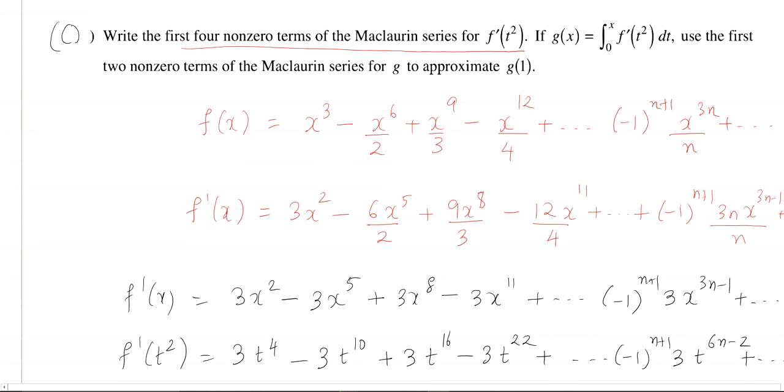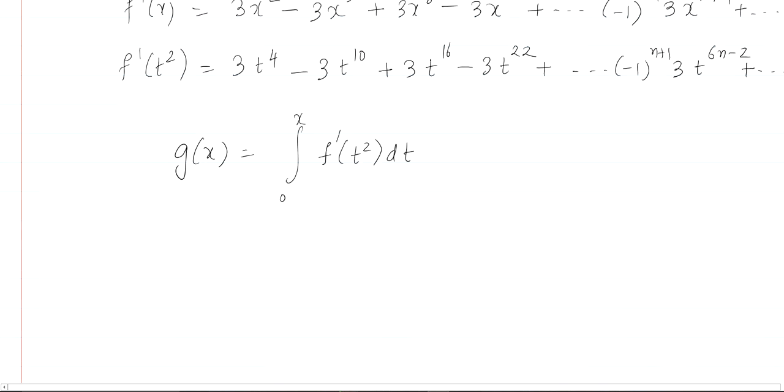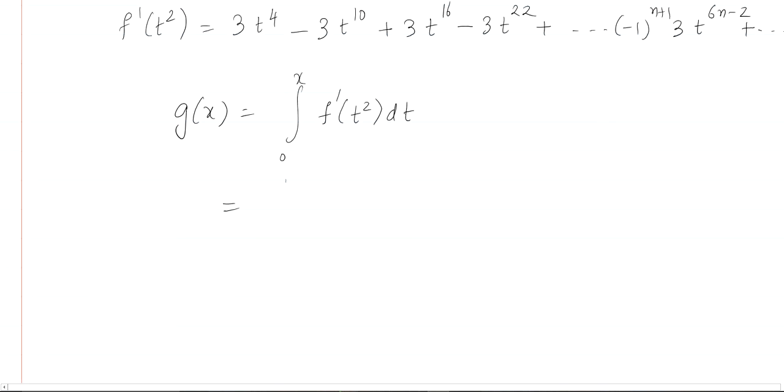Now it also wants us to find g of x, which is the integral of f prime of t squared within the limit 0 to x. So g of x is equal to the integral within the limit 0 to x of f prime of t squared. So let us do a term by term integration.